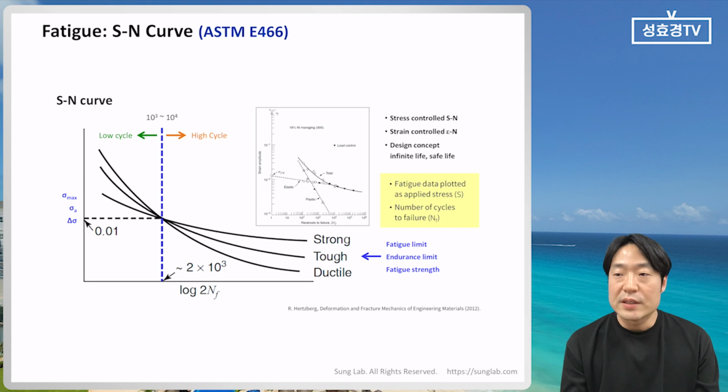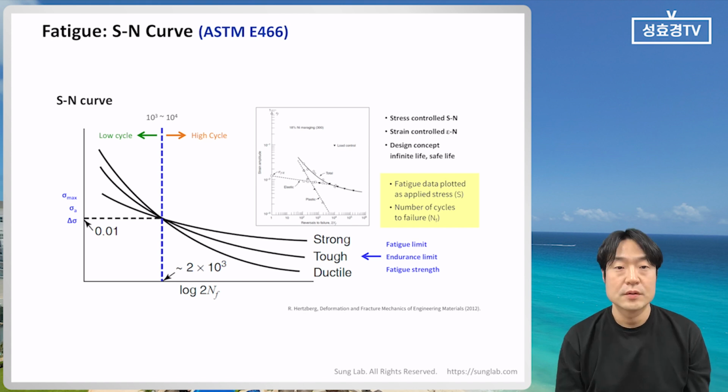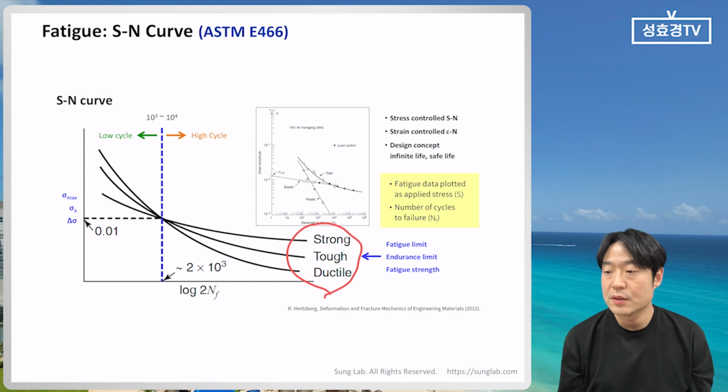In fatigue, the SN curve is very important. Usually we talk about low cycle fatigue and high cycle fatigue, and high cycle fatigue is SN fatigue: the stress and the number of cycles. As you can see, the fatigue limit is very important. We can call it the fatigue limit, endurance limit, or fatigue strength.